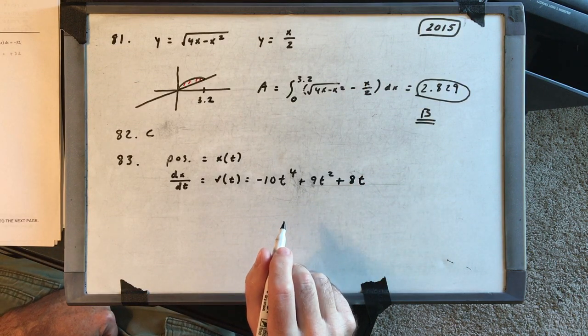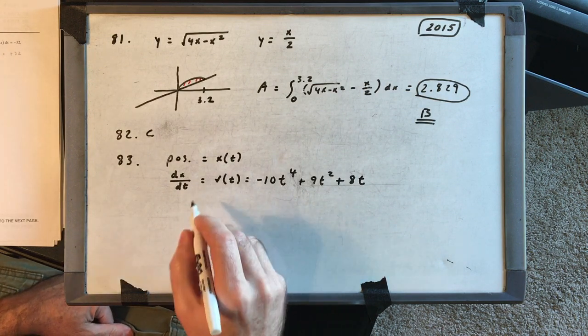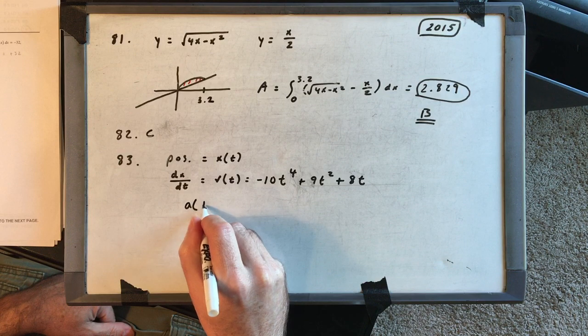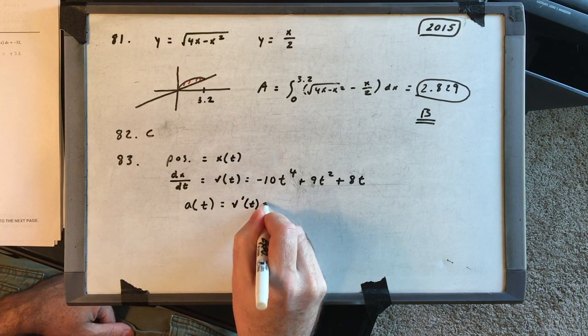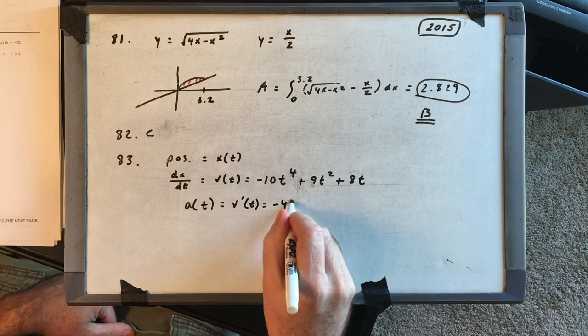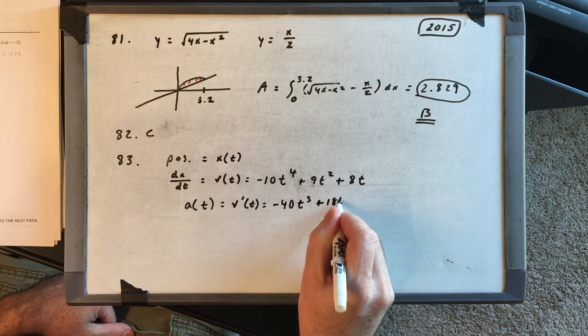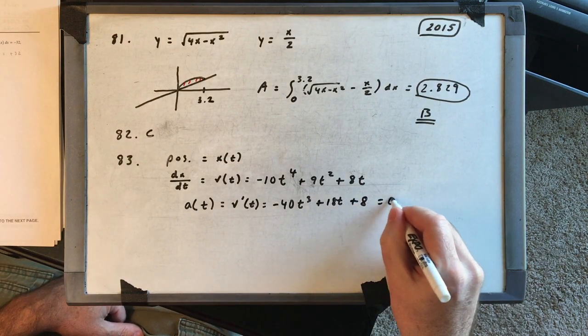The acceleration of the particle is 0 when t is equal to what time? Well, how do we get acceleration if we have velocity? Acceleration is just the derivative of velocity. So that's going to be minus 40t cubed plus 18t plus 8. Set that equal to 0.